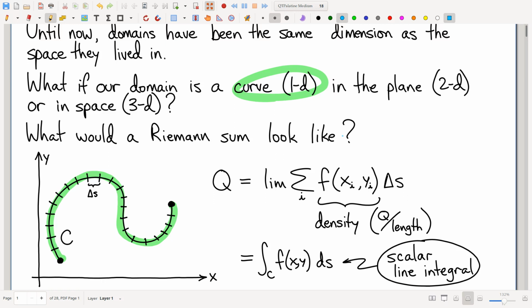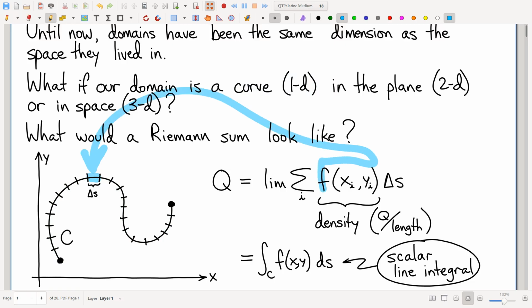Okay. So, what are we going to do about this? Well, good news. It's the same basic idea. On any little piece, I'm going to be arguing a pretty simple argument. Now, this is a curve, so a little piece of a curve has a notion of length.